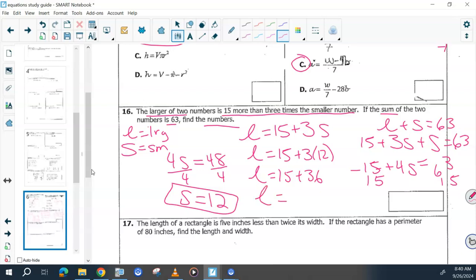So that L is what number? Add that number. How many did you get? 31. Thank you. Questions on that or other questions in the review?